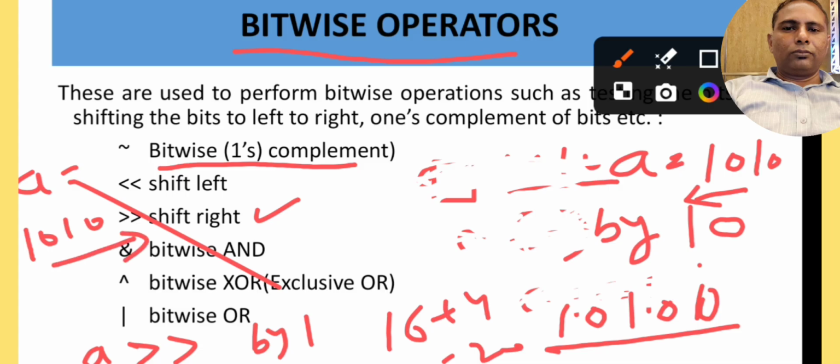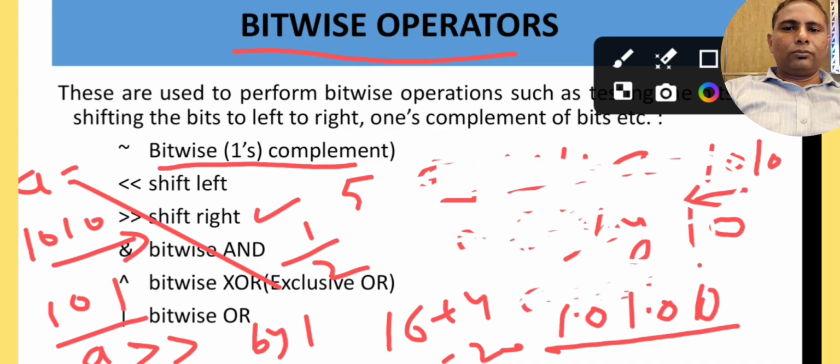This will become 101. Previously this was 10, now it is half, so it has become 5. So in case of the right shift by 1, the number will become half, and in case of the left shift by 1, the number will be multiplied by 2. This is the meaning of the left shift and right shift.